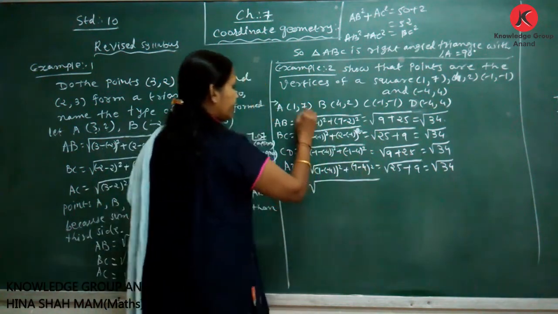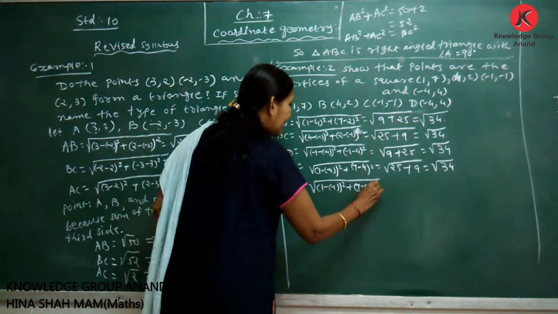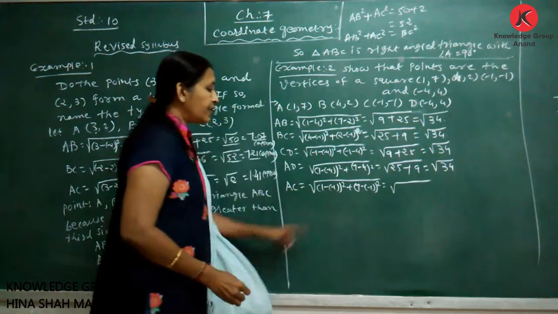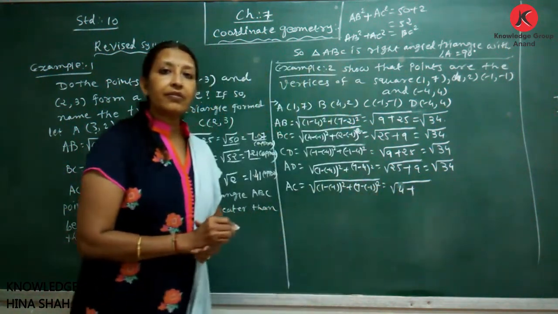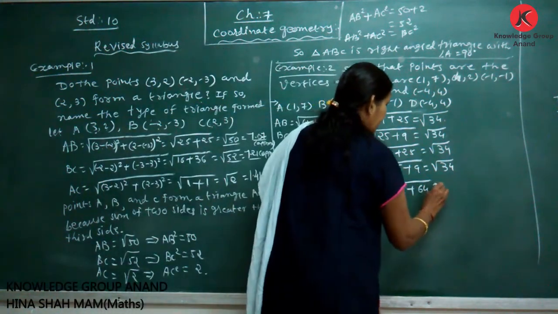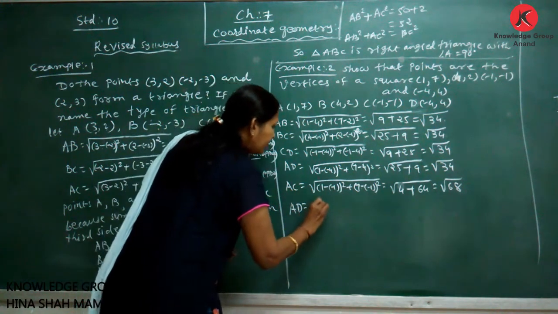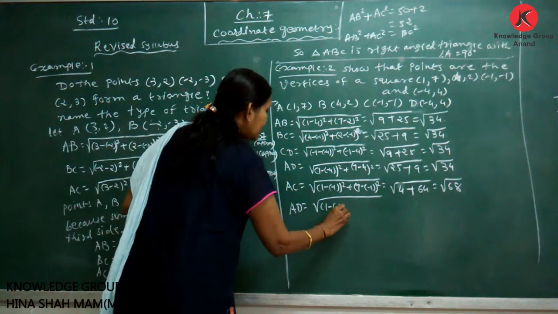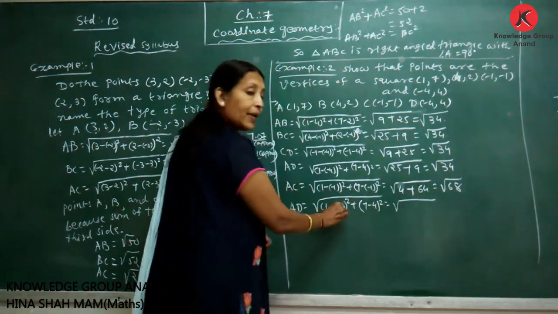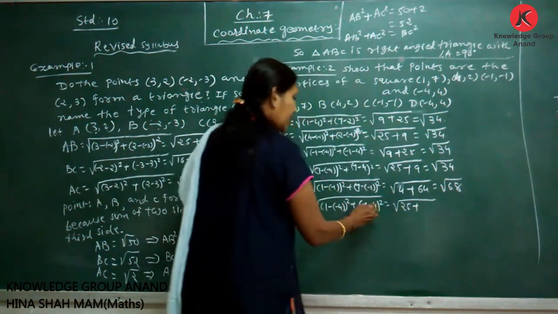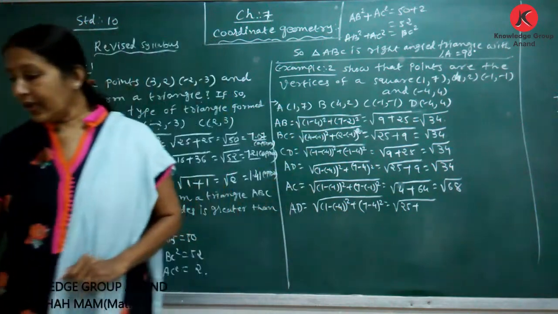AC is equal to the root of (1 plus 1) square plus (7 plus 1) square, which is 2 square, 4, plus 8 square, 64, equal to root 68. Now we find BD, the other diagonal.